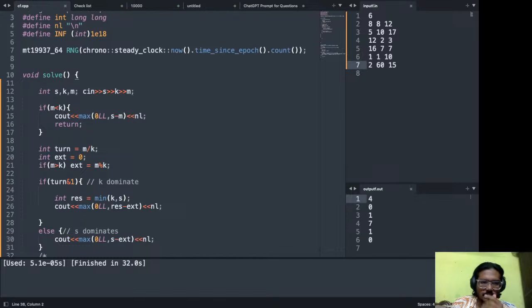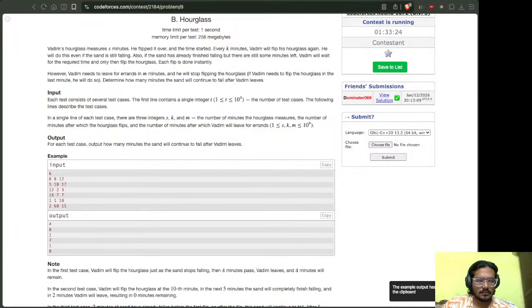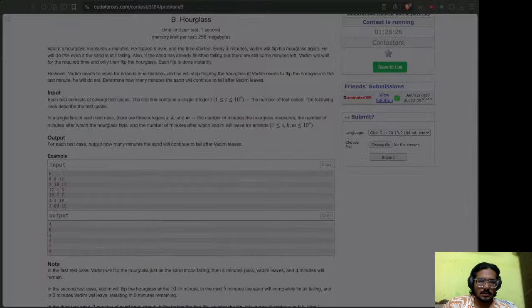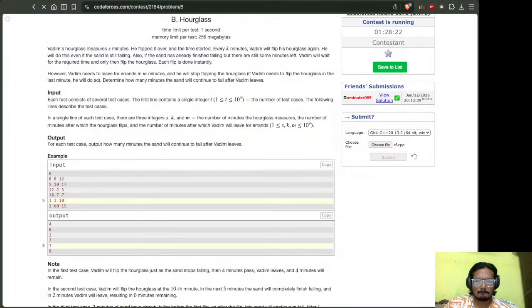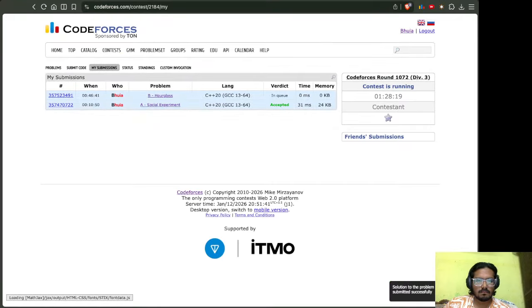If m is smaller than k, yeah, we won't reach that point. Okay, let's submit and see. Okay, it's out of time, but if it's accepted, that would be a good thing. Moving to the next one.